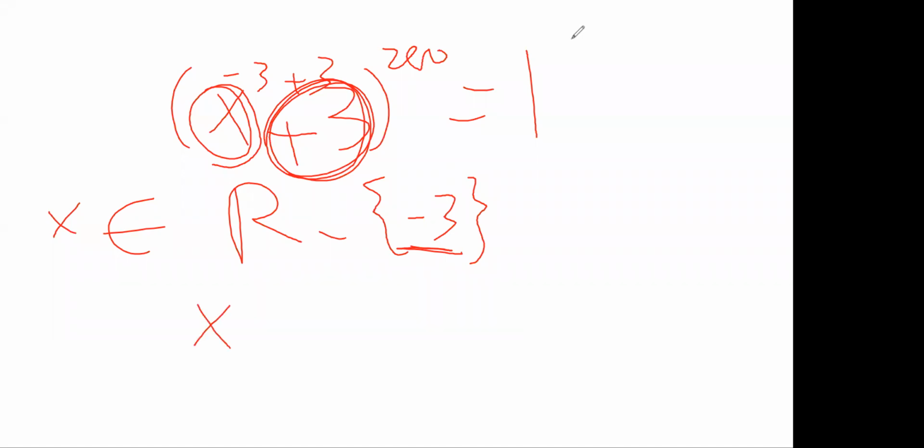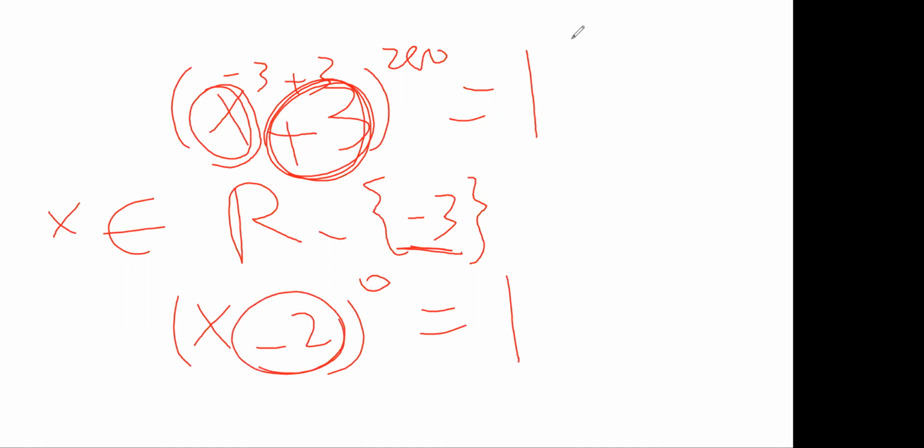And if it is x minus 2 power 0 equals 1, what is the additive inverse of -2? 2. So x can be any real number except 2.